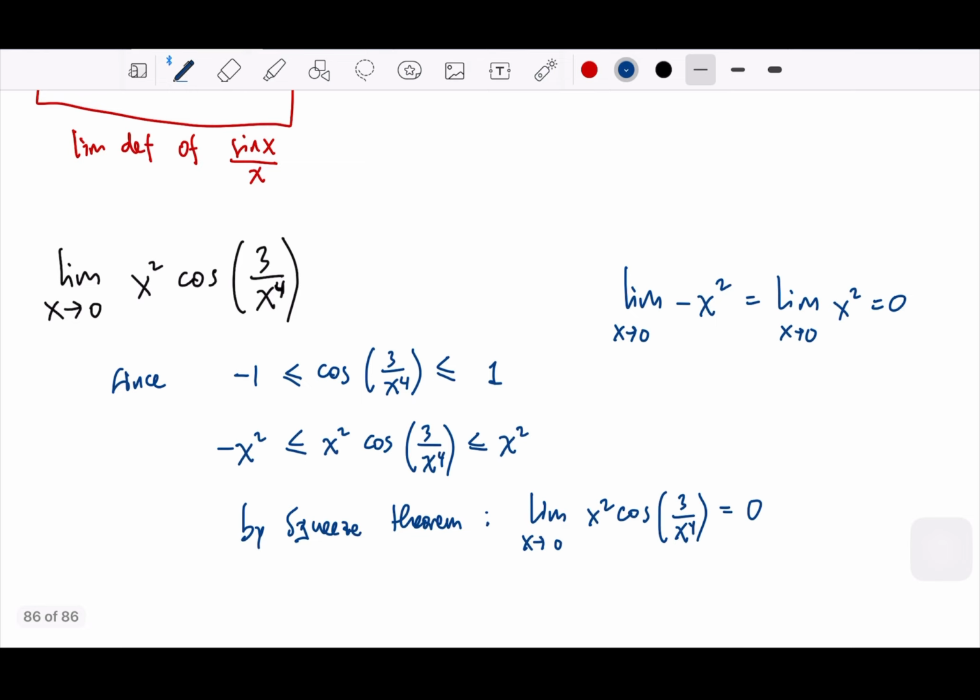Okay, so the squeeze theorem can help you whenever you see a limit and you want to at least prove and make sure that the limit is between two functions that can be observed. Okay, so you can use the squeeze theorem.